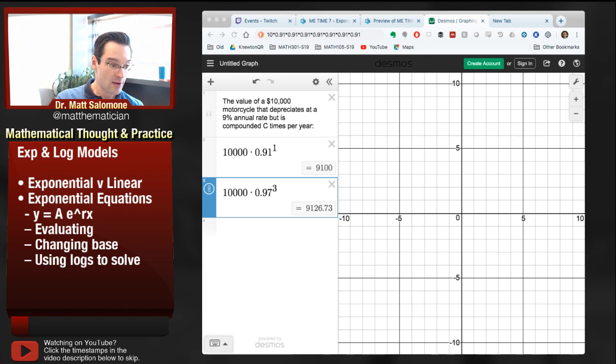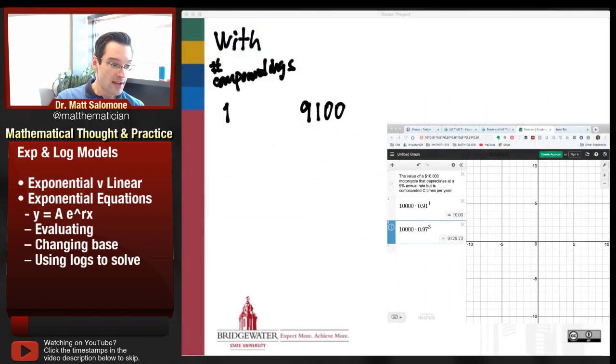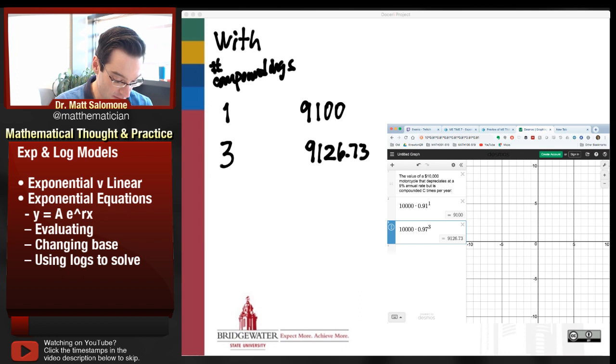So what that's telling me is that when I have 3 compoundings happening throughout the year, my total value at the end of the year is not going to be $9,100 anymore. Was it 9120? Make sure I'm getting this right here. 9126.73.